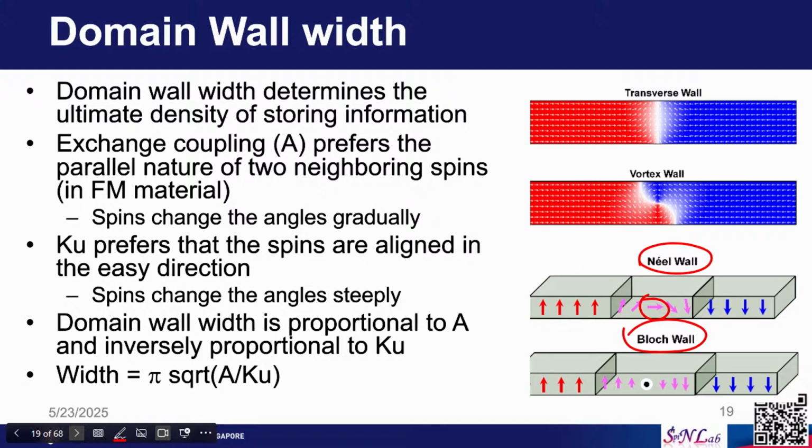Okay. So, this mnemonic you can use to remember. So, in the Bloch wall, the magnetization will go into the board, then come out, finally it will come down like that.